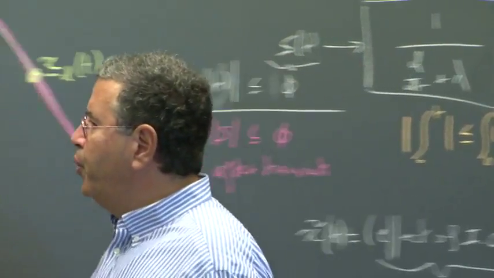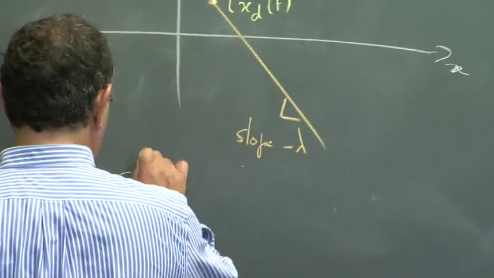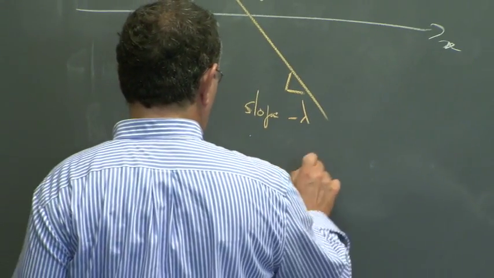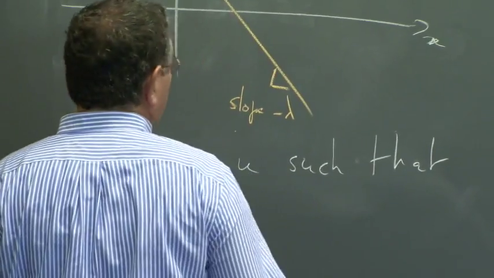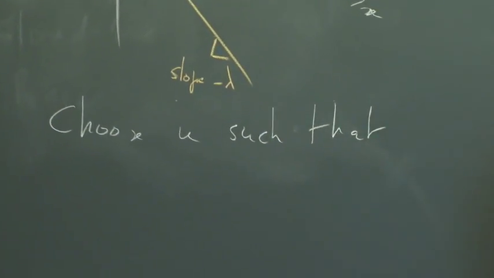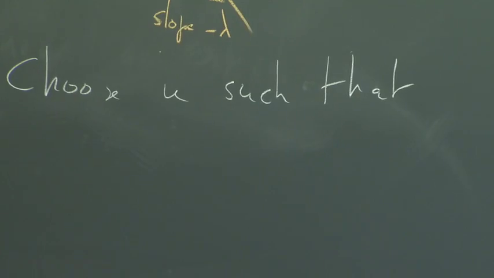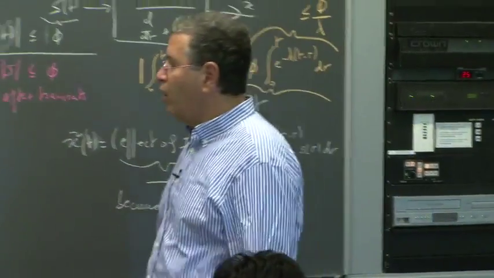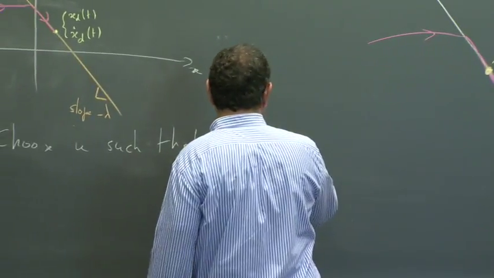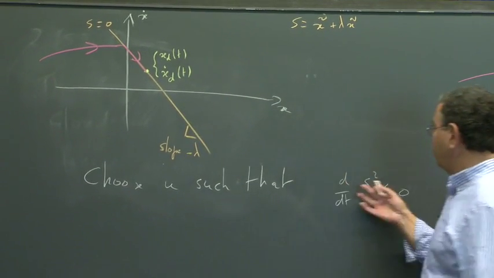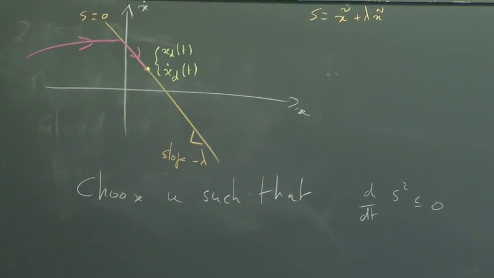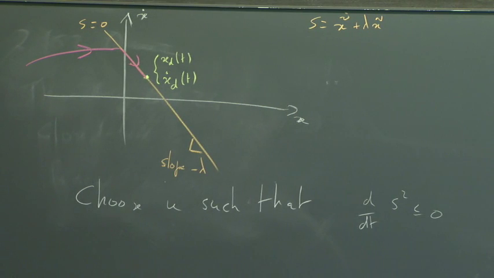So what we're going to impose is to choose U such that we want S to always decrease in absolute value. So we could think of S squared, right? And we would like d over dt of S squared to be negative, right? Which would mean that S would always decrease, okay?